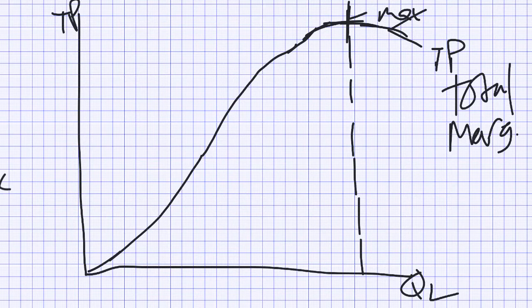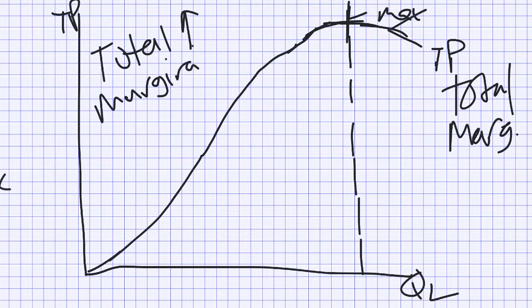And what that means is that if total is going up, marginal is positive, right? So if this is increasing at a faster rate, that means our marginal is actually increasing. If this is increasing at a decreasing rate, here, let's look at it like this. Let's do this one in yellow.